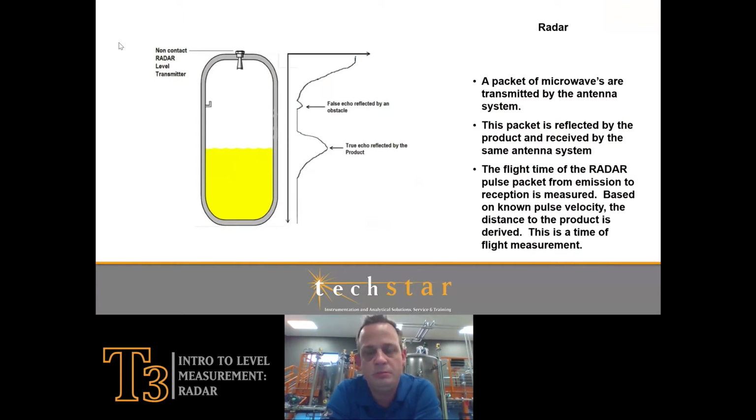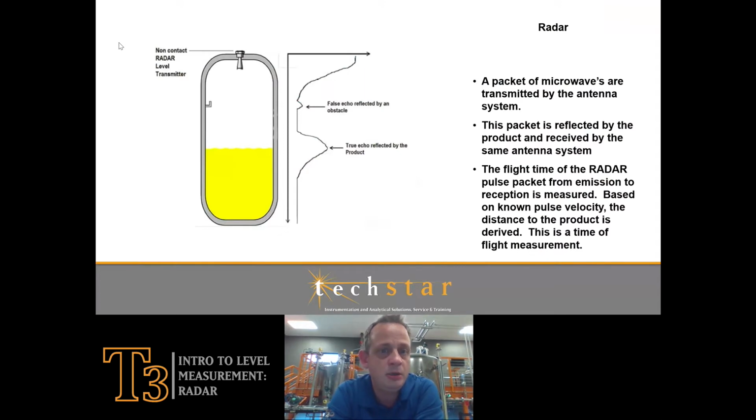I'm going to start off with a little bit on pulse radar. So in this picture here, you can see we have a radar mounted at the top of a vessel. And what is a radar? A radar, in a level measurement, is just a line of sight instrument that shoots out a microwave signal. The microwave signal goes down into the measurement range into the vessel, hits whatever it's going to reflect off of.